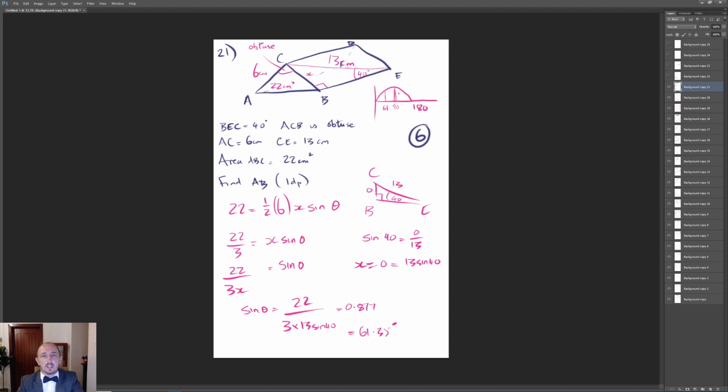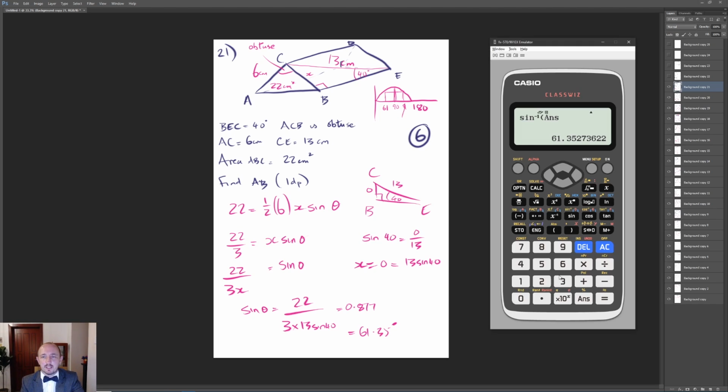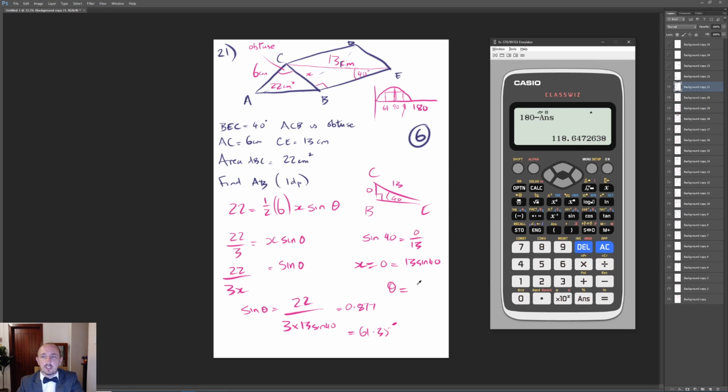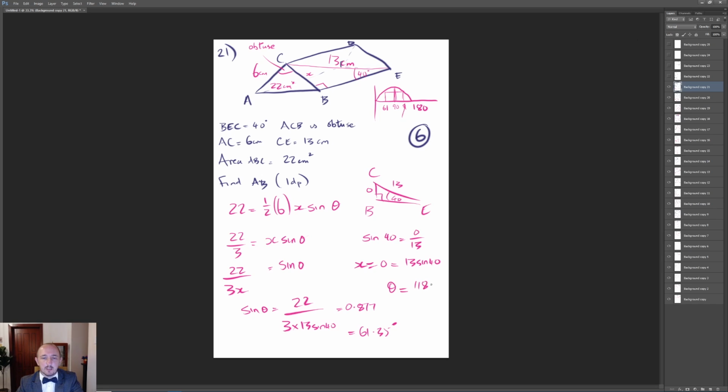So to work out the obtuse angle, we actually have to do 180 minus 61, and that will tell us that angle in here, the obtuse angle. So this is a bit of a tricky one. We're going to do 180 minus that angle there. We get 118.6 degrees. So theta isn't 61, it's actually 118.6.